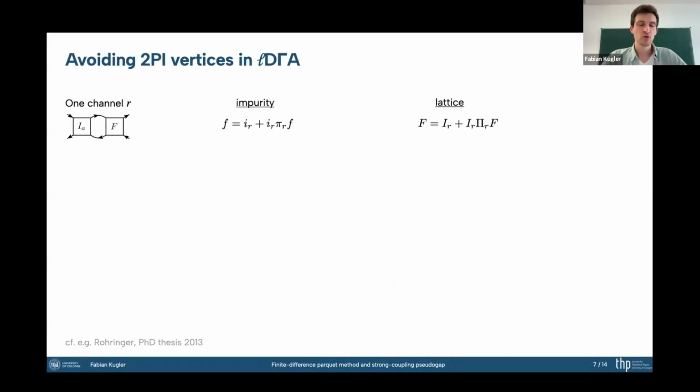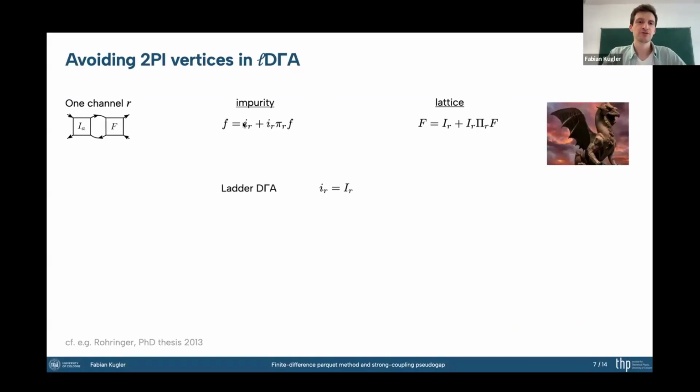So ladder D gamma A, the way around, has been known for a long time. And it goes as follows. Let's write the Bethe-Salpeter equations on the impurity and on the lattice with lower and uppercase symbols. The idea of ladder D gamma A is take the irreducible vertex from the impurity and plug it in here. However, as I just mentioned, this might be dangerous if the irreducible vertex diverges. But we can massage the equations a little bit more before we start computing.